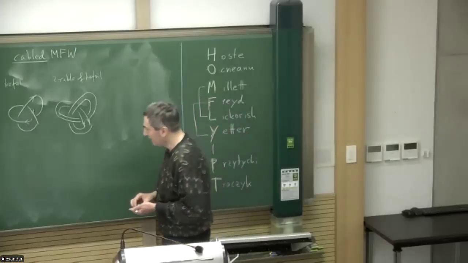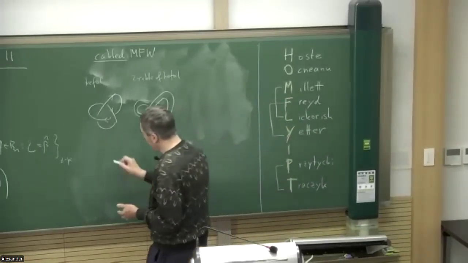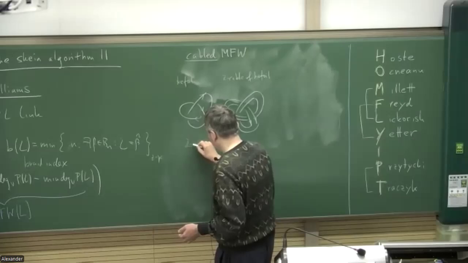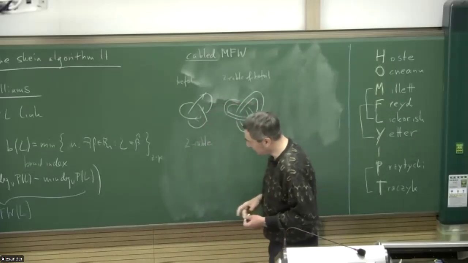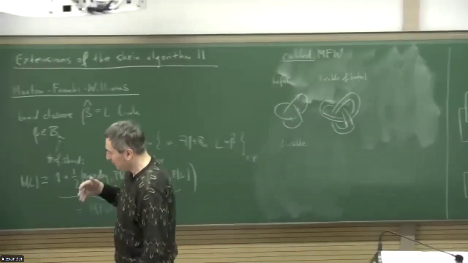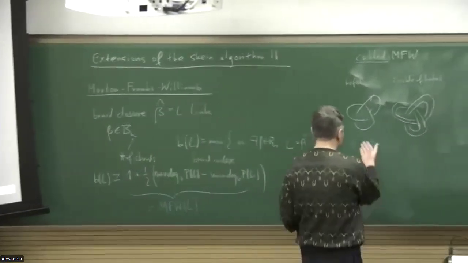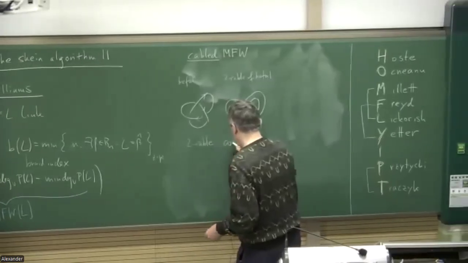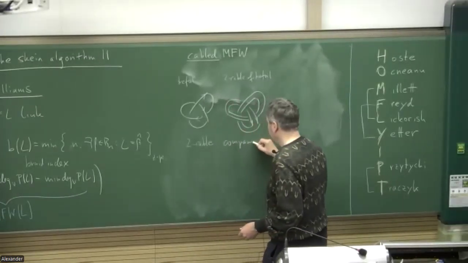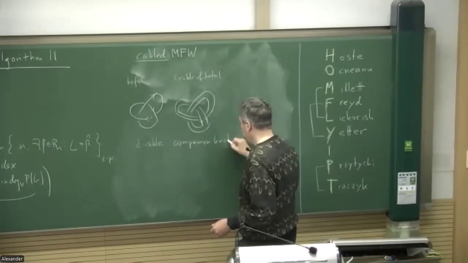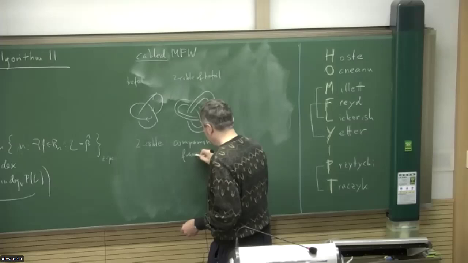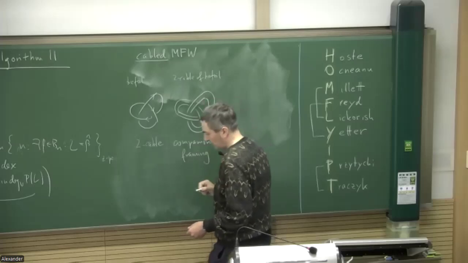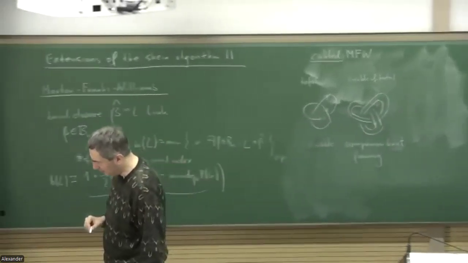Informally, let me do this first for the 2-cable. How can you build a 2-cable? The 2-cable is essentially determined by the knot that you start with. This is what is called a companion. So this is the knot that you start with, and then there is a framing of the cable.